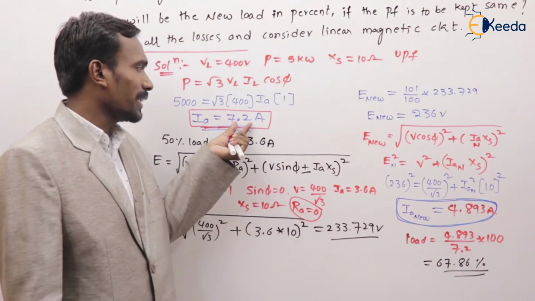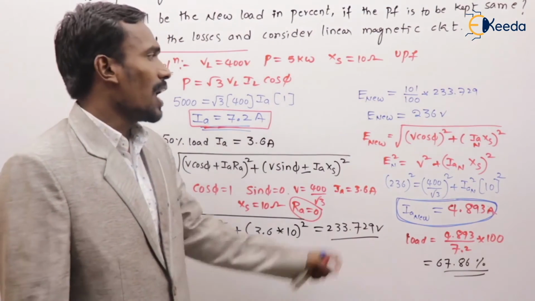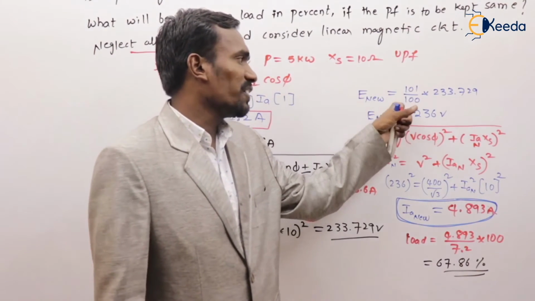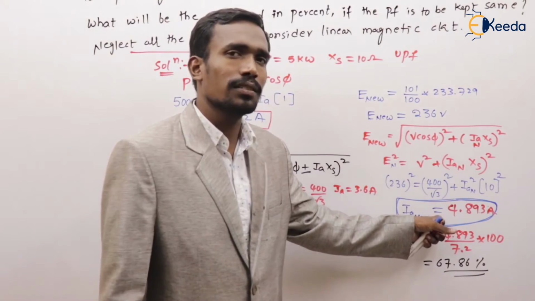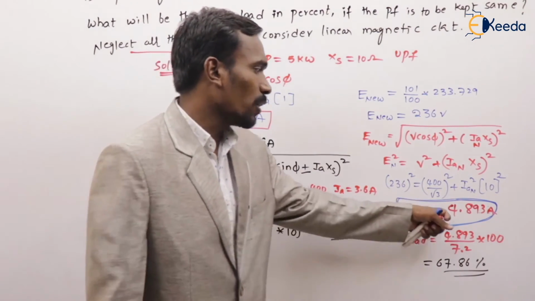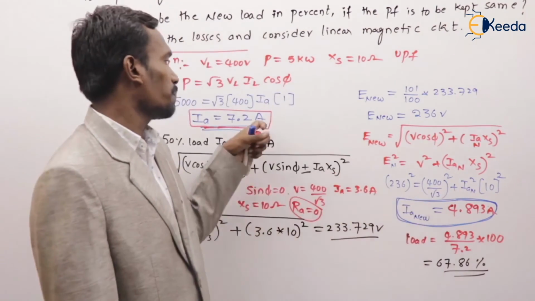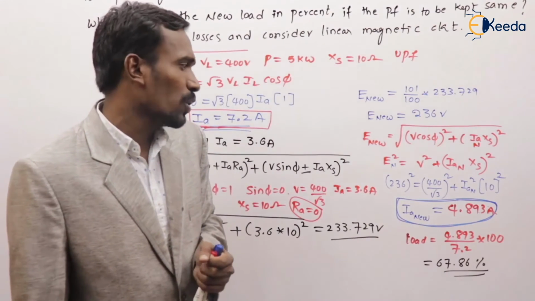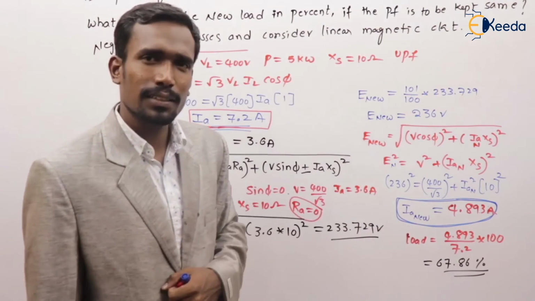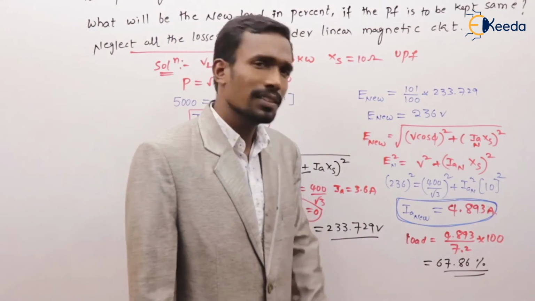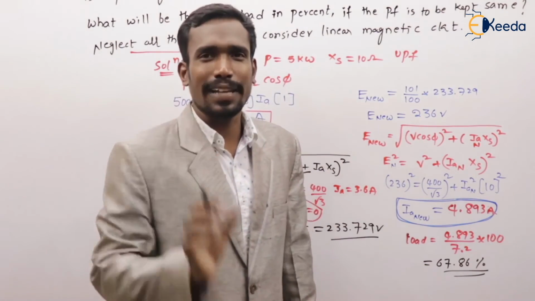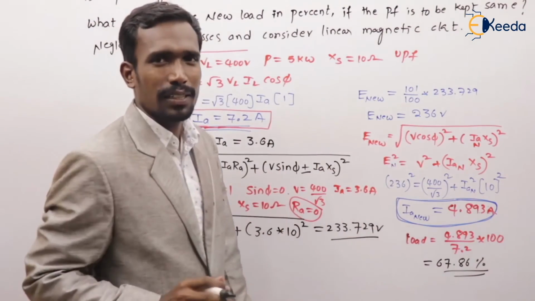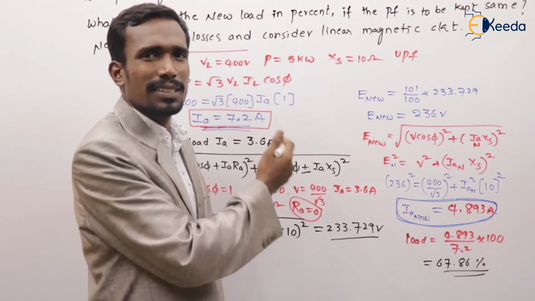My full load current is 7.2 amperes, and after excitation I got a current of 4.893 amperes, which is more than 50%. So the answer is 67.86 percent. A big problem actually, but a very easy procedure.